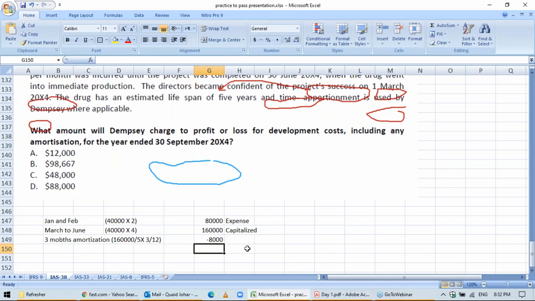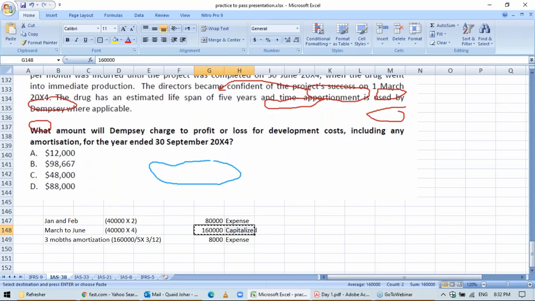So now what they ask, this 8,000 is also going to go to the profit and loss account as an expense. So the total expense going to the profit and loss account is both the 8,000, the amortization for the 3 months time, July, August, and September.